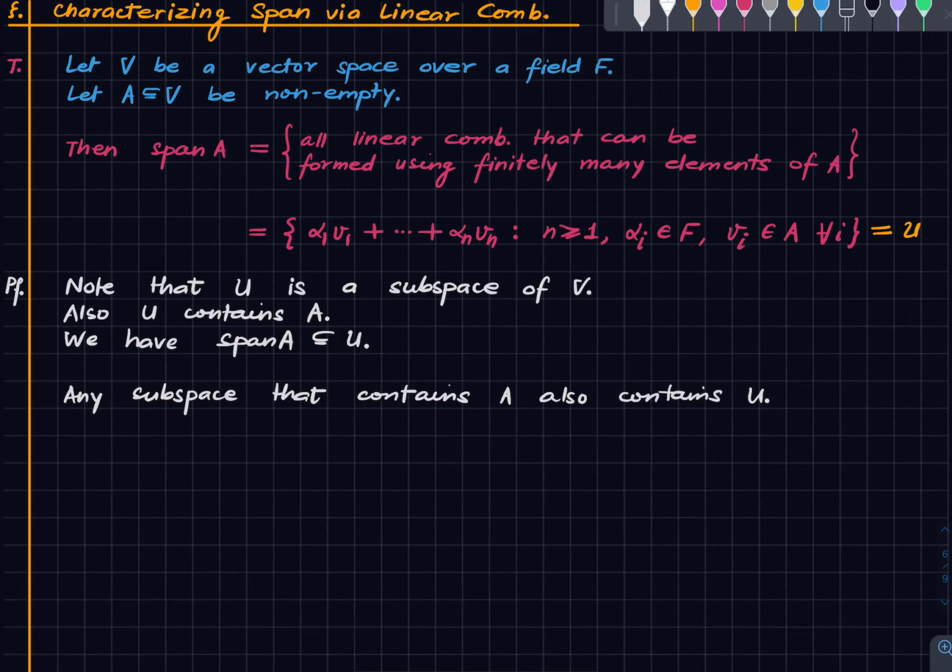And therefore, since span A is a subspace that contains A, we have the reverse containment already. And that's the proof. So if you just take these two containments into account, we get this equality. Very simple.